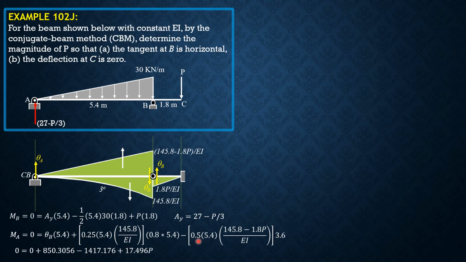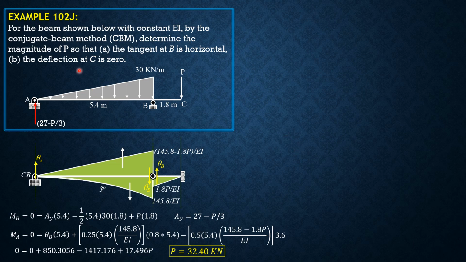Then the constant here is 1417.176. Then plus 0.5 times 5.4 times 1.8 times 3.6 is 17.496P. Take note that we just set EI equals 1 because that's constant. So we can now solve for P. P is equal to 32.4 kilonewtons.